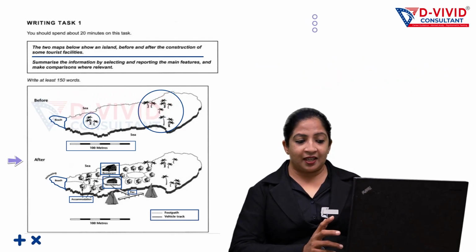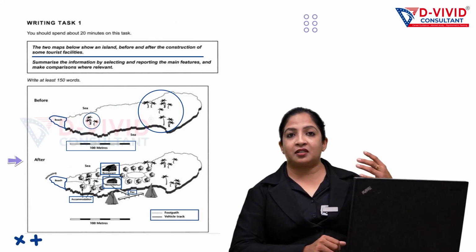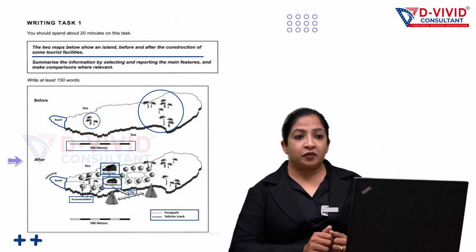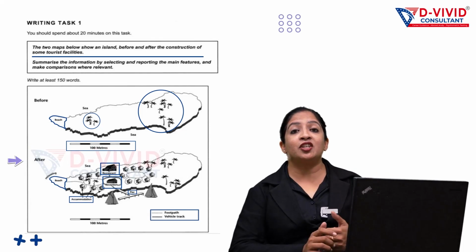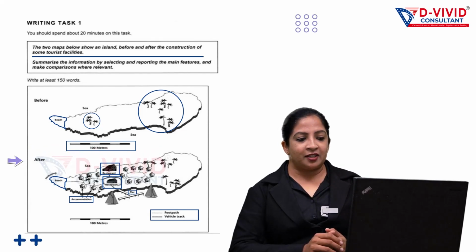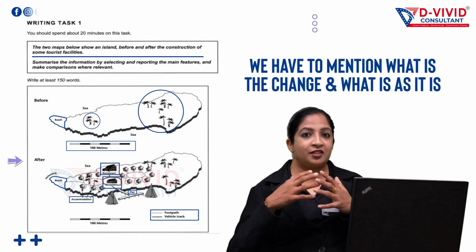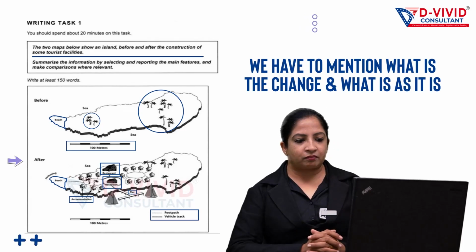Now we can say that the accommodation constructed towards the west of the island is further connected with the help of a footpath to the beach, which is unchanged, or not disturbed. So we have to mention what is the change and what is as it is.